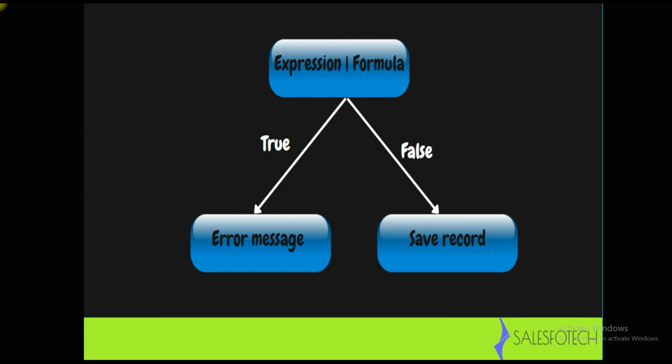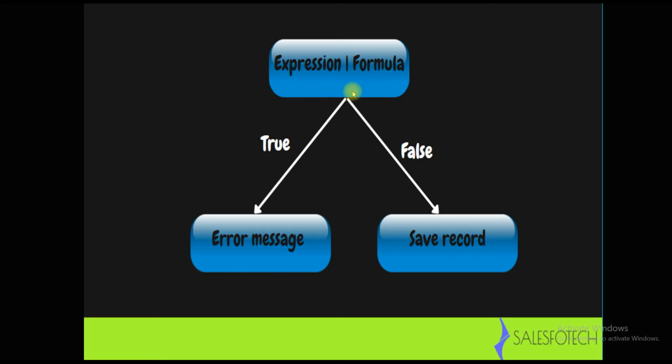What is a Salesforce validation rule? A Salesforce validation rule helps to analyze whether the data entering into Salesforce, that means inserting or updating, is correct or not. Some expression or formula will be executed as part of the validation rule.